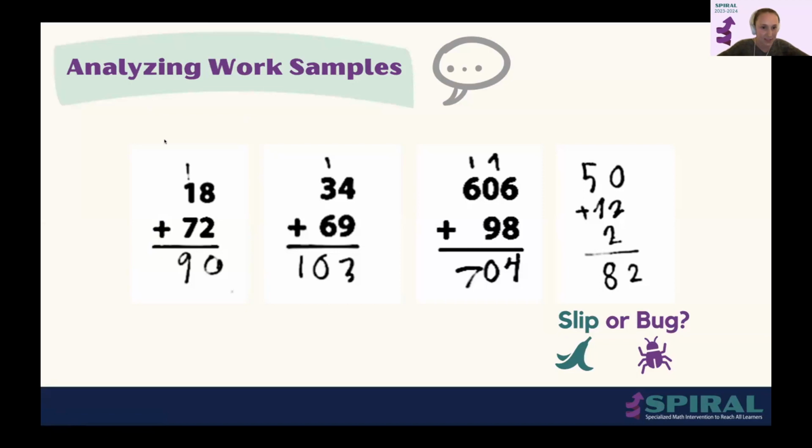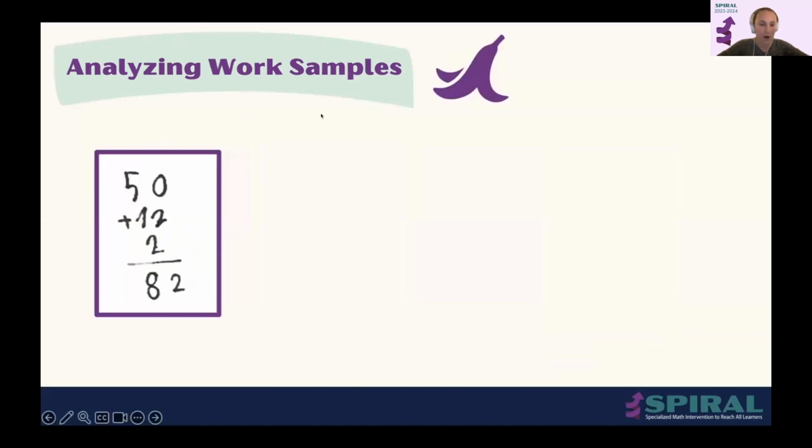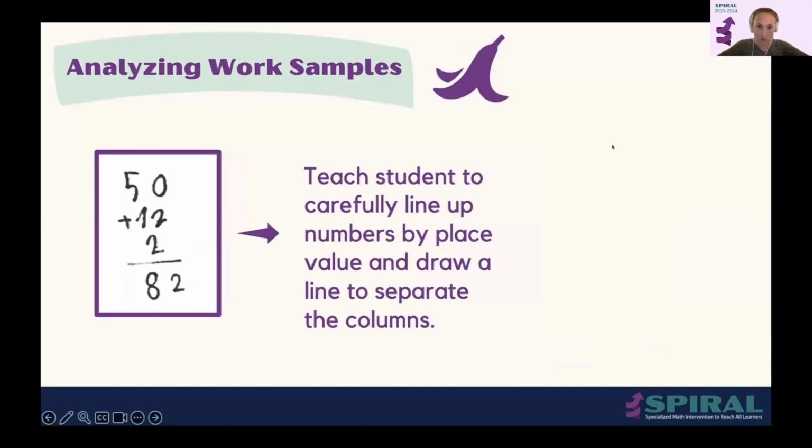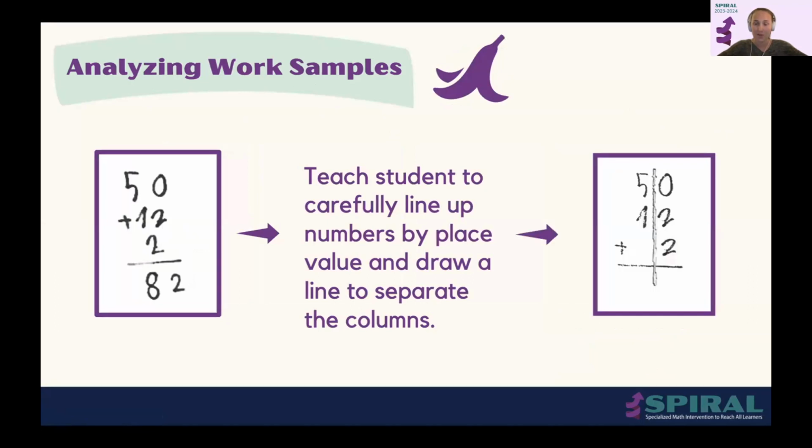That's excellent. So one other thing that you can do obviously is, well, to teach students to carefully line up numbers by place value, but you can also teach them to draw lines to separate the columns. So here in this example, you see that the student has carefully lined up the place value and drawn the line.